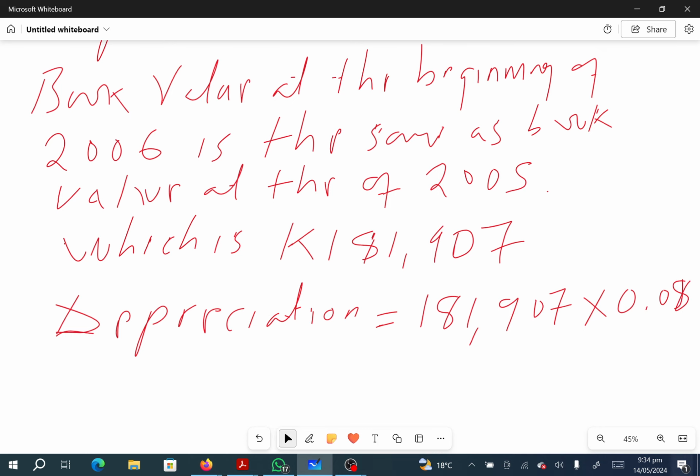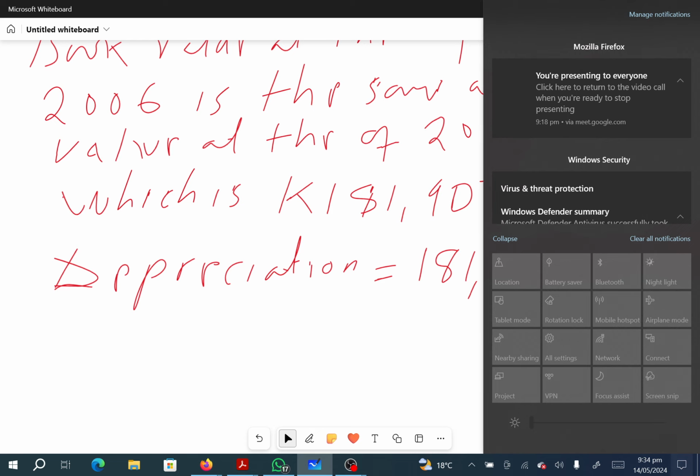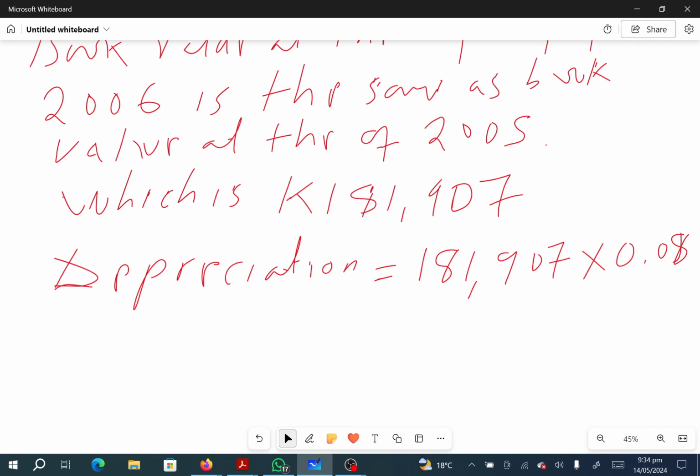What are we getting, family? So say 181,907 multiplied by 0.08.